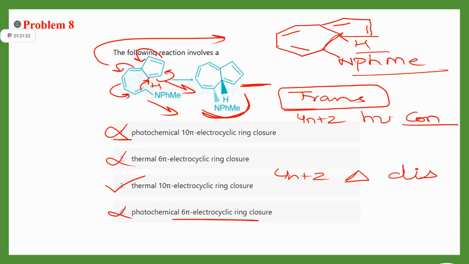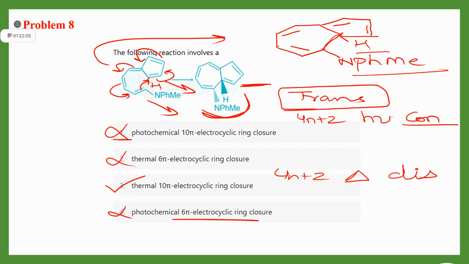Why? In any case, whatever number of electrons is given, let's say 18 electrons are there, you should not memorize all things. For a 4n electron system, you should keep butadiene as reference. For a 4n plus 2 system, you can keep hexa-1,3,5-triene as reference. You know that if 10 pi electrons or 4n plus 2 electrons are there under heating condition, they will undergo disrotation.